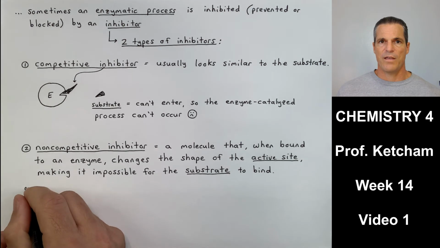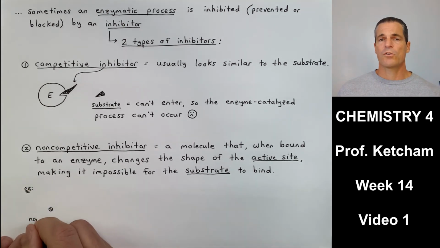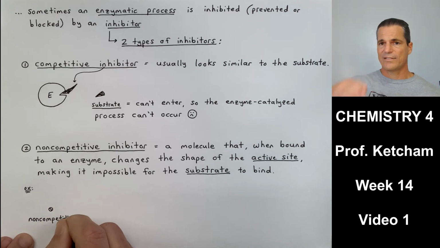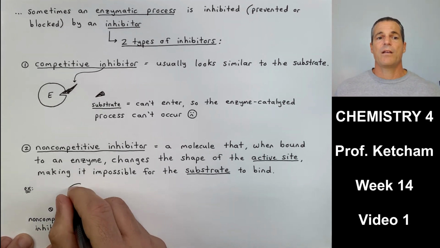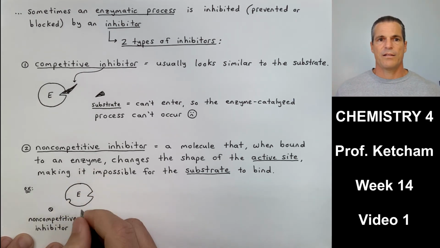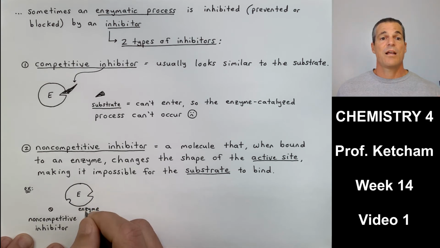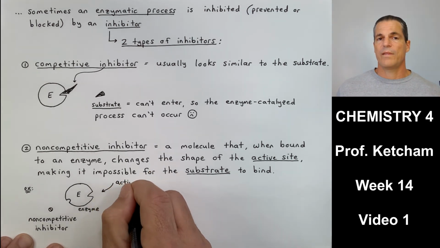What the heck do I mean by that? Let me show you. As an example, I have a little circle here, and that circle has a line through it, kind of like a red circle with a line through it. That is my non-competitive inhibitor. You can see it looks nothing like the substrate, right? It looks nothing like the pizza slice, and it's going to attach at the enzyme away from the active site.